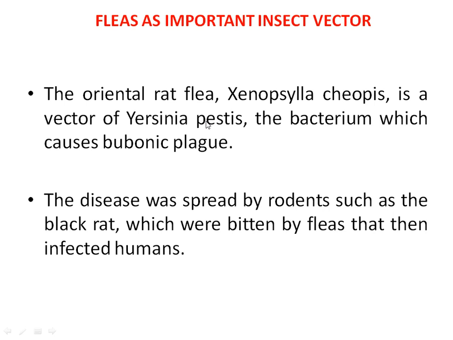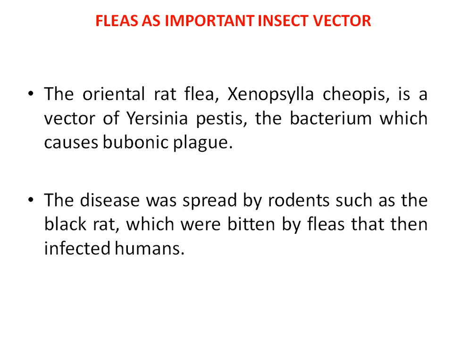Yersinia pestis is a disease causing agent. It's a bacteria which causes the disease called bubonic plague. So the rat flea Xenopsylla cheopis is a vector of the bacteria Yersinia pestis, which causes the disease bubonic plague.